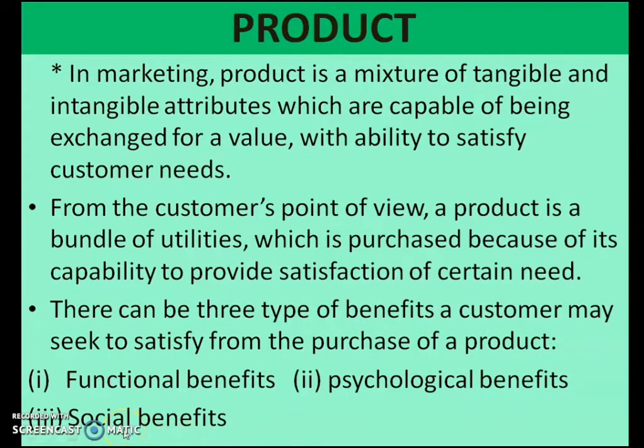So among your friends, you can show your motorbike in front of your friends. Okay, so a social benefit is also derived when you purchase a bike. So these are the 3 benefits which a customer normally derives when they purchase any product.